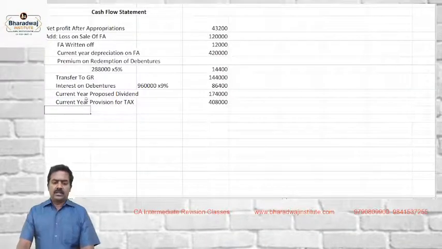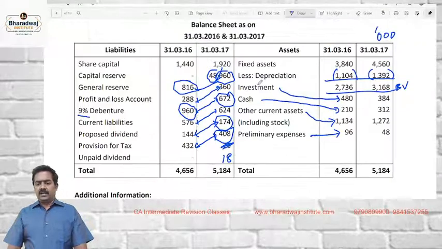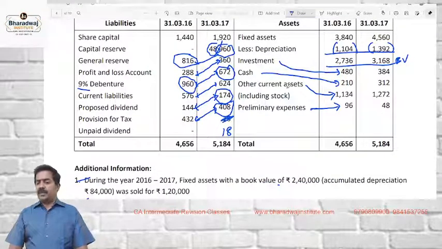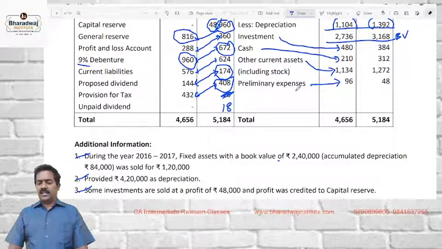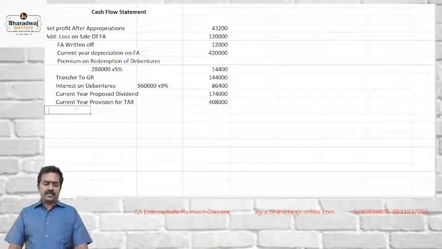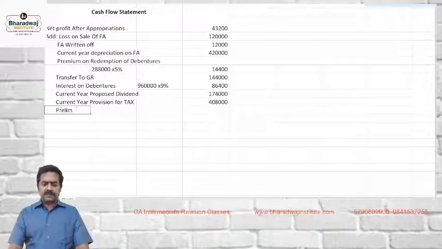4,08,000 adjusted. Then fixed assets already adjusted, investments already adjusted, cash also already, we have to see it. Other current assets already adjusted. Look at preliminary expenses. Opening balance 96, closing balance 48. It is like amortization. Preliminary expenses written off.